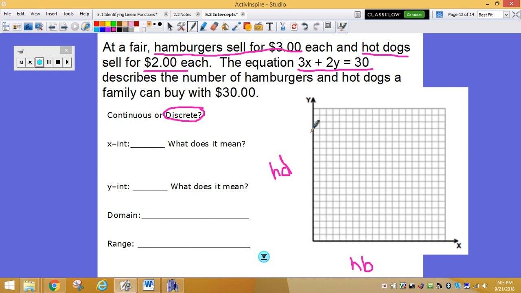This is another one where it doesn't tell us our X and Y axis, so we're going to have to figure it out. So my X-intercept, I plug in 0 for Y. Actually, nope, I'm going to use the calculator. I'm just going to do this once. 3x plus 2y equals 30. Let's solve this for Y. Move your 3x first.